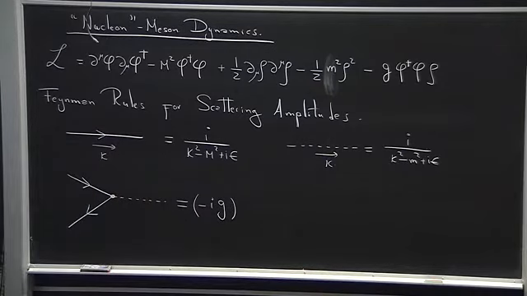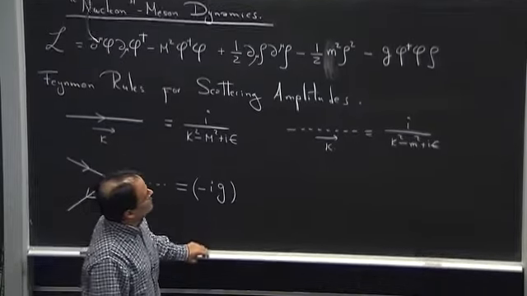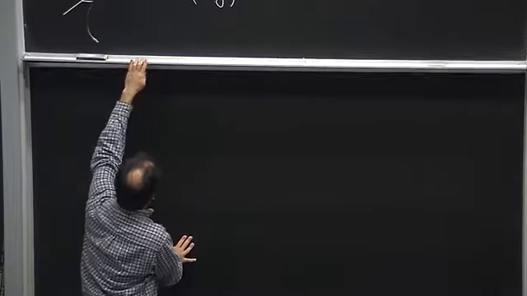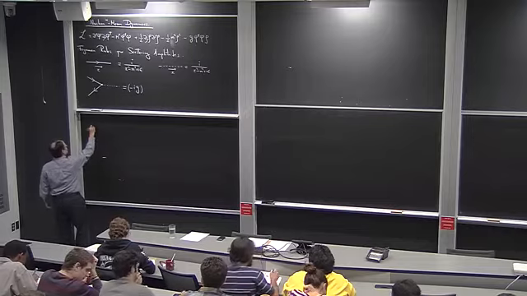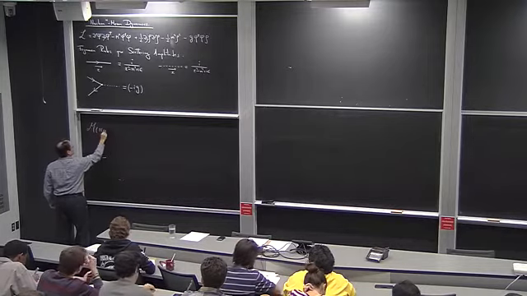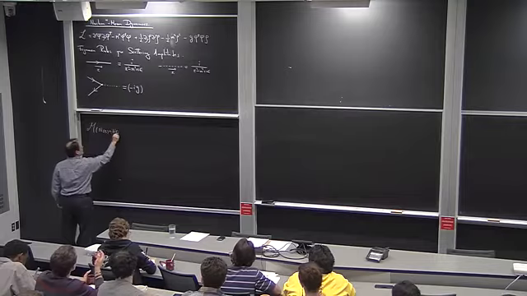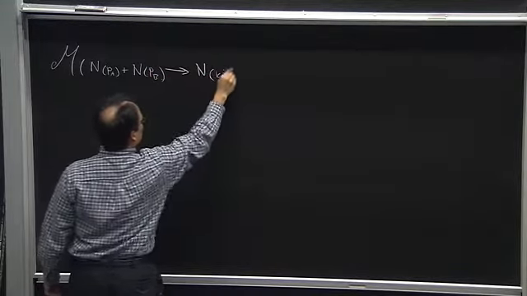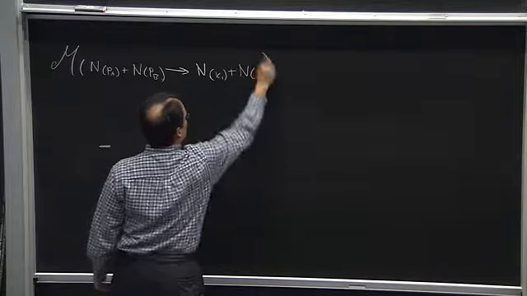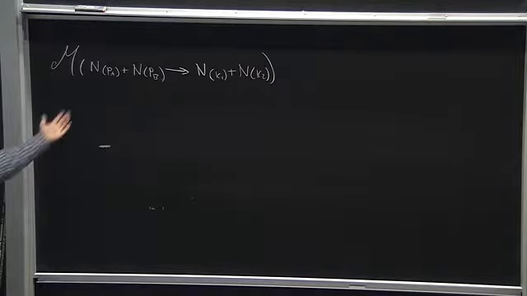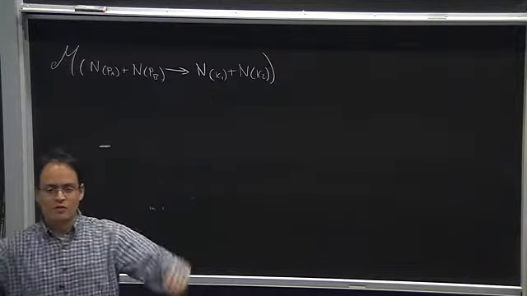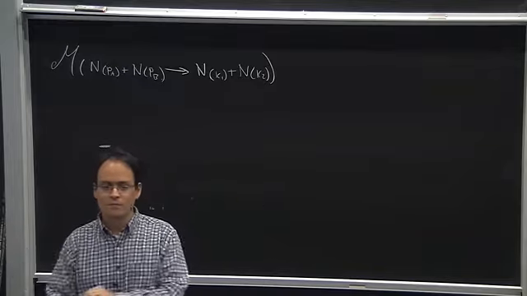Okay? Now, from the LSZ formula, we concluded that if you want to compute some scattering amplitude, like the scattering amplitude you were asked to compute today, what do we have to do with this? Well, we have to start with our correlation function with 4 fields in there.